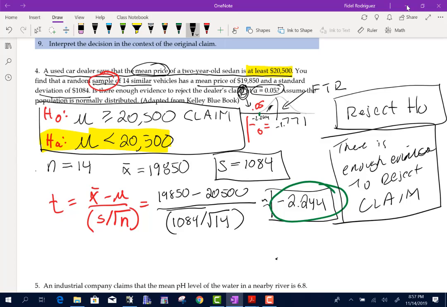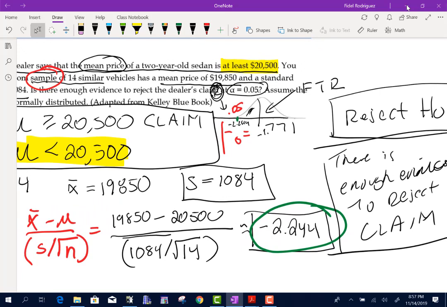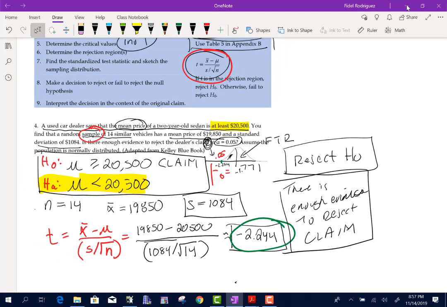Boom. Guys, what I want to point out about this problem that we just did and the ones we did earlier, the only thing that's different here is that I don't have the sigma, I have the S. So instead of me finding the Z value, I'm finding the T value, right? And so this calculation is the same calculation we've been doing.